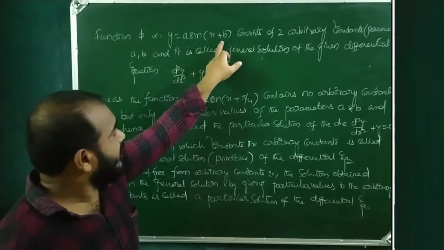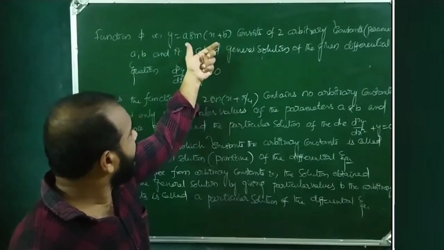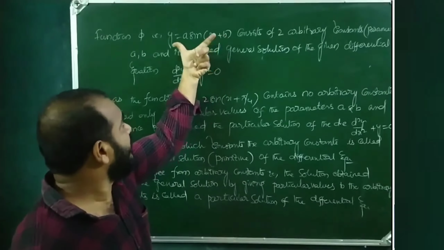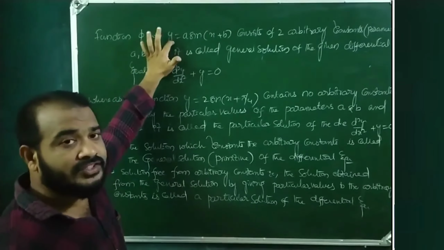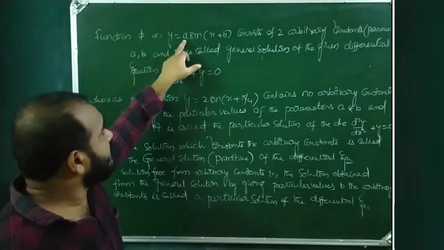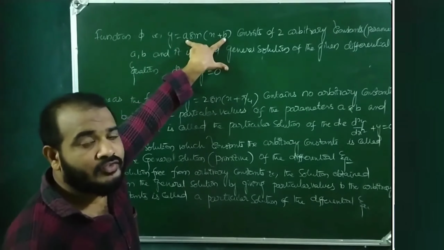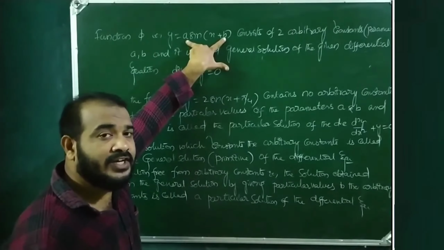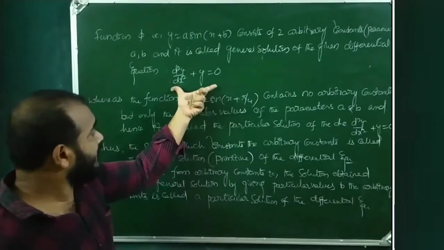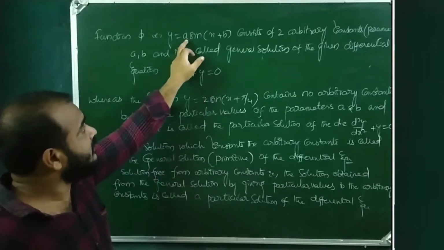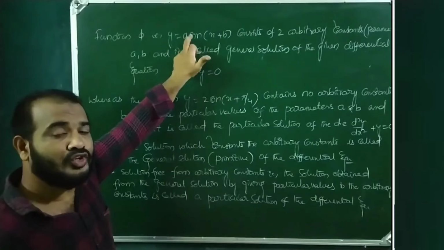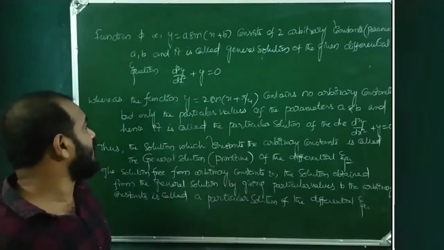Since it contains a and b, two parameters, this is said to be the general solution. Why? Because a and b are two arbitrary constants, and we have differentiated twice and substituted back in the given differential equation, and it has satisfied this equation.